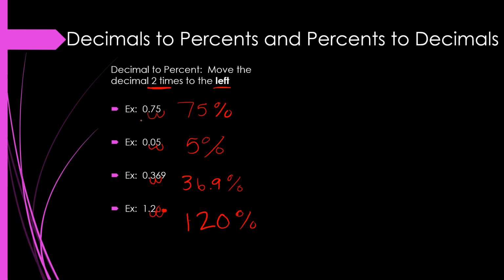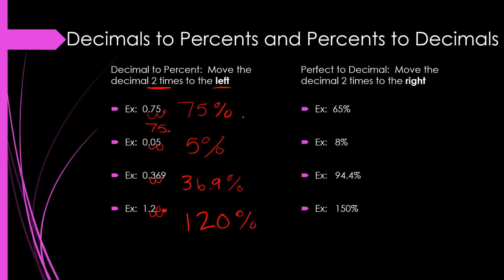Let me explain what's happening here in more detail. When I moved this decimal 2 times, my decimal is now at the end, which means my new number is 75 with the decimal at the end, which is how I get this 75%. Going backwards, anytime you have a whole number, you have an invisible decimal at the end of it. So I'm going to move it 2 times to the right.